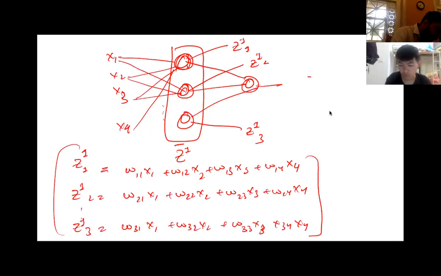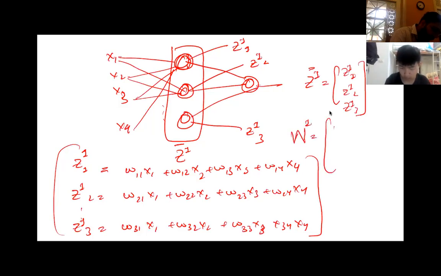So you can say that Z1 is Z11, Z12, Z13, okay? And then you can have a weight matrix for the first layer, which can be W11, W12, W13, W14, W21, W22, W23, W24, and W31, W32, W33, W34.